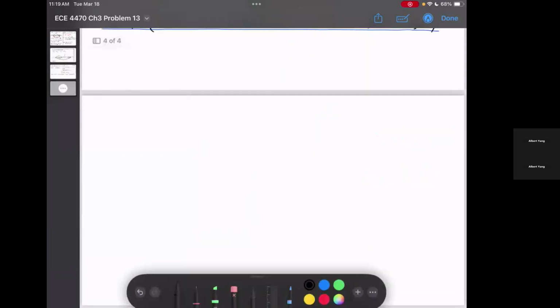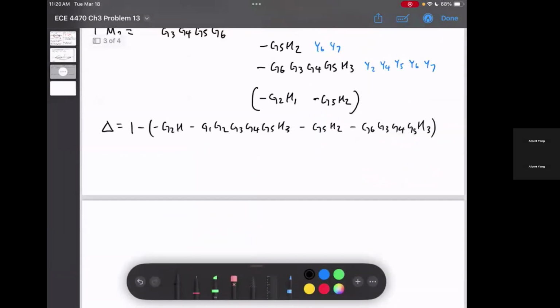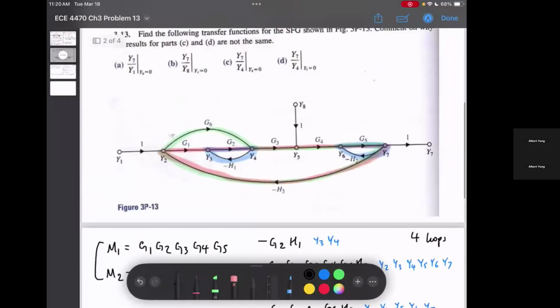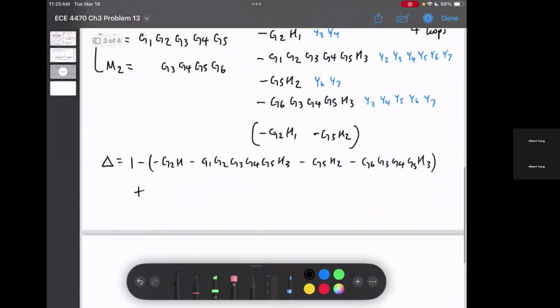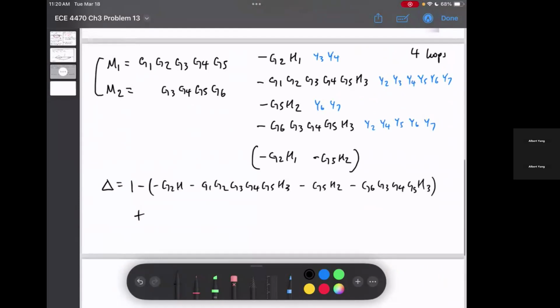let's add another page, and then plus the gain product, the sum of the gain products of the two non-touching loops. So that would be plus negative G2 H1 times negative G5 H2.